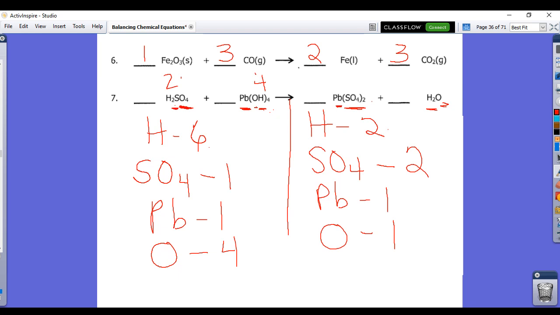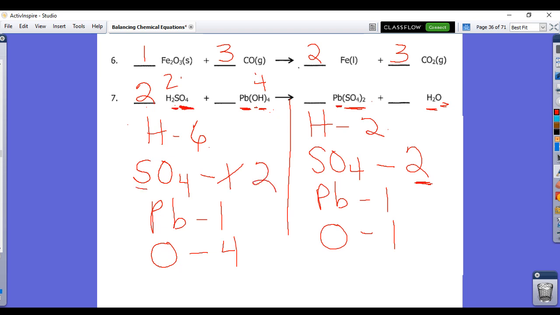Let's go ahead and solve for the SO4. And so over here, we have 2 SO4s and only 1. In order to make the 2 SO4s here, I'm going to put a 2 in front of that. So now that 2 times S, 2 times O gives me 2 SO4s.